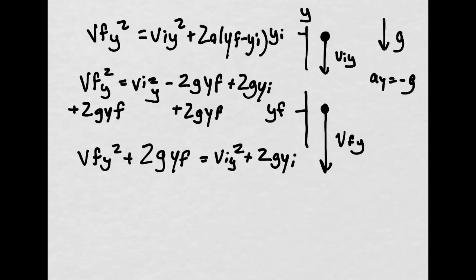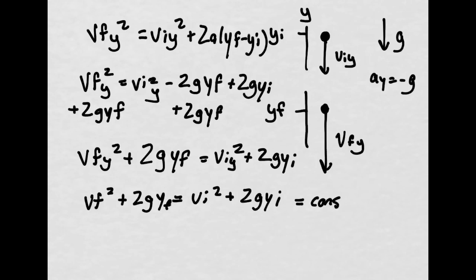If you remove the subscripts, this is Vf squared plus 2g y final equals Vi squared plus 2g y initial. So that means this is a constant value.